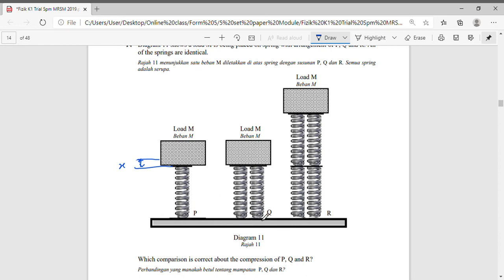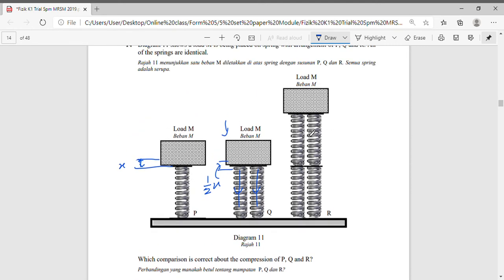If you put a mass here, the compression is x. But if you arrange two springs to distribute the weight of the load M, each one will experience half of the force of the weight. So the compression will be reduced to half because the weight is supported by both springs. This arrangement we call parallel.